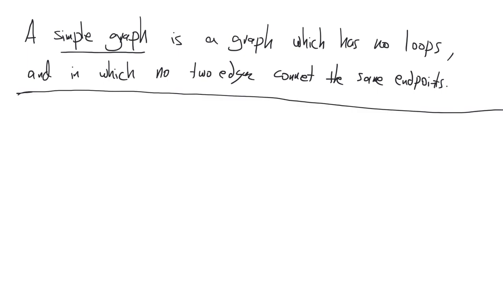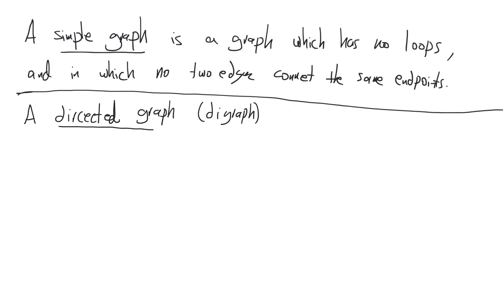Another variant of a graph, which sometimes is used, is called a directed graph, sometimes called a digraph. This is a graph in which we associate a direction with every edge.